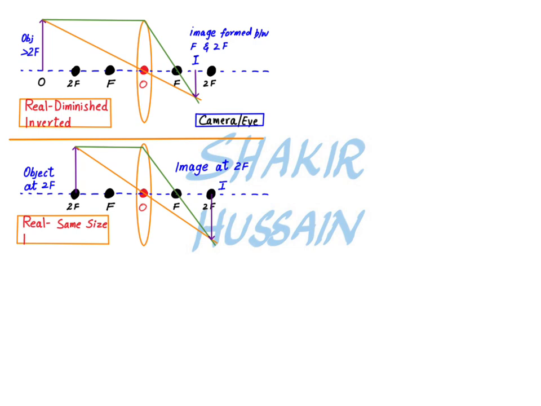Photocopier. This is used in a photocopier. The document you get printed is the same size as the original document. So the image is the same size. Got it? It's used in a photocopier.